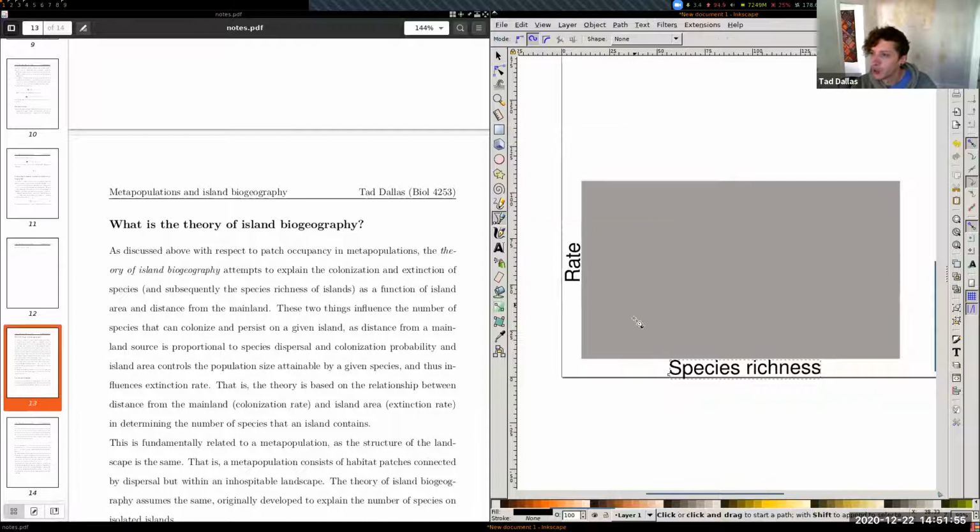I wish I could draw cool curved lines. Maybe I can. Oh no. How come it didn't curve? I don't know what I'm doing.